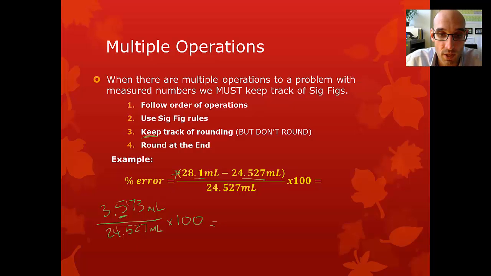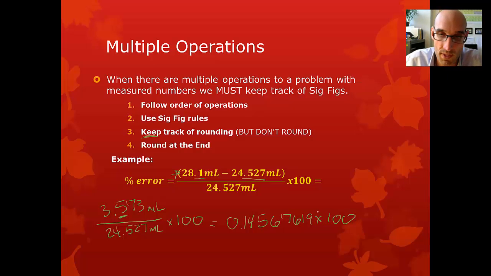Let's do the next operation. We have division and we have multiplication, but we're going to work from left to right, so we'll do the division first. 3.573 divided by 24.527 gives me 0.14567619 times 100. Once again, I just got that from my calculator.